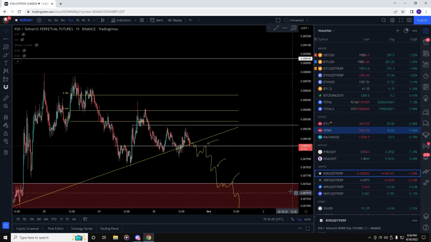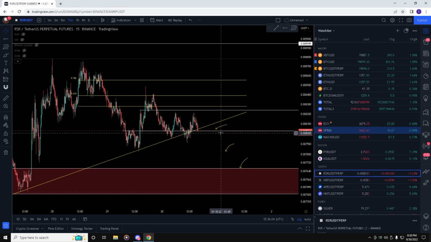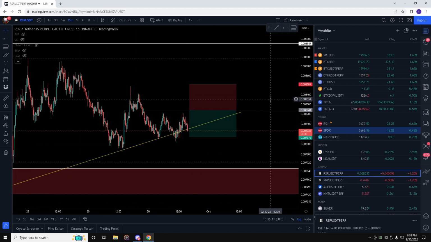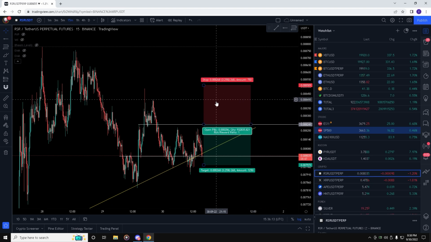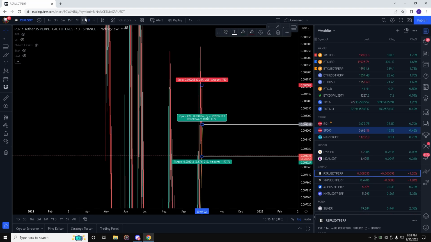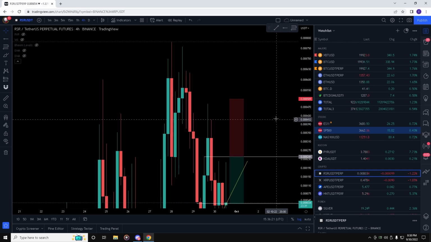Or even another great example for looking for stop losses is that, okay, let's say you shorted over here and there's too much noise on the lower time frame, there's too many wicks. What you're gonna do is directly go towards the 4-hour chart and see the price action over here.